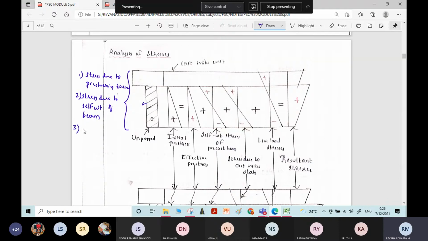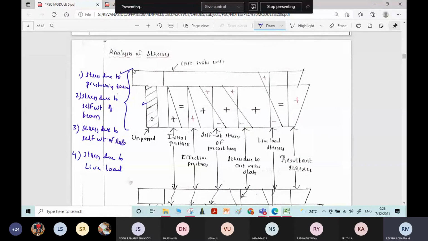Third one is stress due to self weight of the slab, another element lying over the beam. Fourth one, stress due to live load. These are all the stresses which act on a composite section.